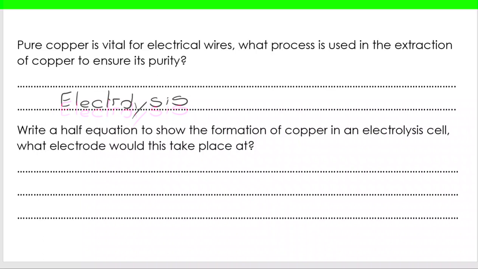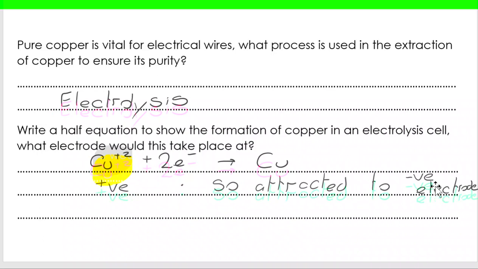And the half equation we would get at that cathode, well, Cu2+ going to Cu, it's gaining electrons, which tells us it's reduction, and the copper ions are positive, which means they are attracted to the negative electrode, and as I've already said, that means this reaction would take place at the negative electrode, the cathode.